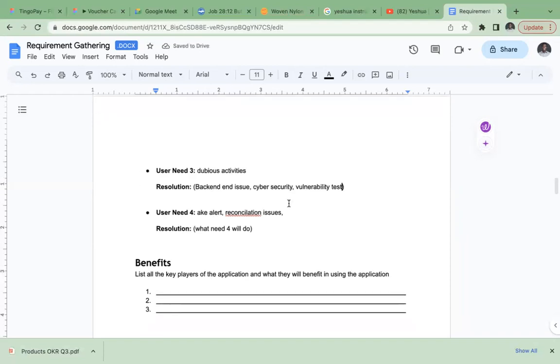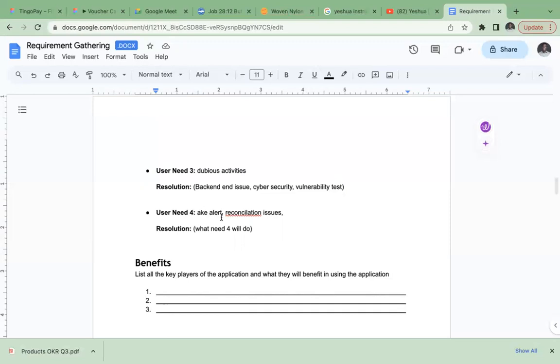Good. So that's for that. So we have 4 needs we are trying to solve. Now, fake alert. Fake alert is where people use your account number and send a fake SMS to people on the application, and they get an SMS saying they received a certain amount from the bank or from the fintech. You understand?